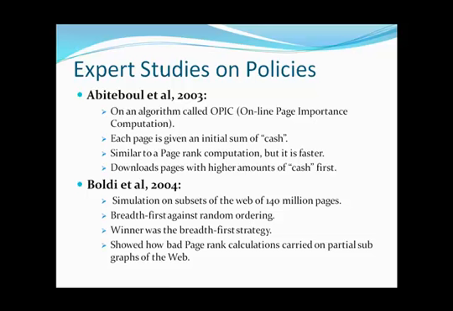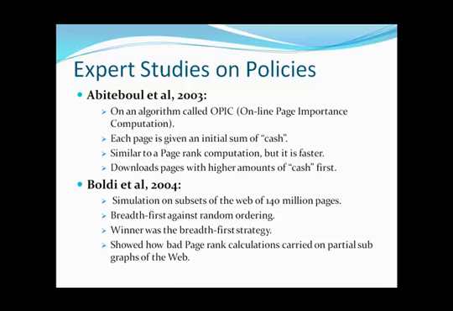In 2004, Boldi et al. conducted a simulation on subsets of the web of 40 million pages from the .it domain and 100 million pages from the WebBase crawl, testing breadth-first against a random ordering strategy.